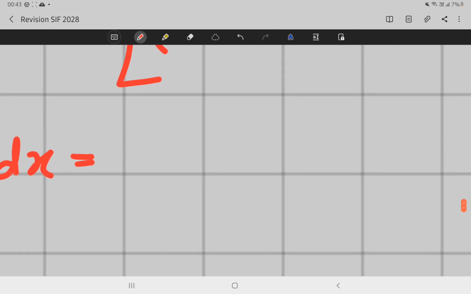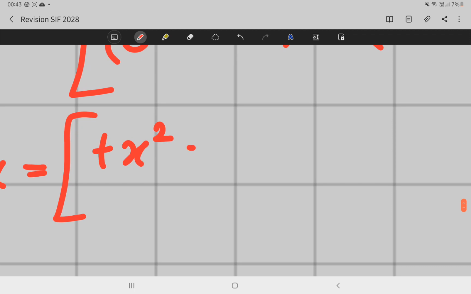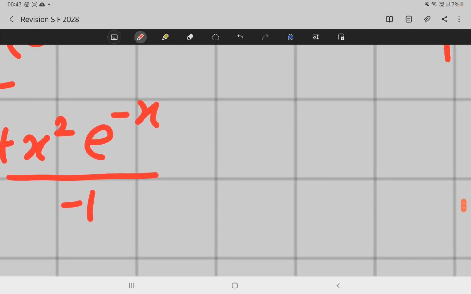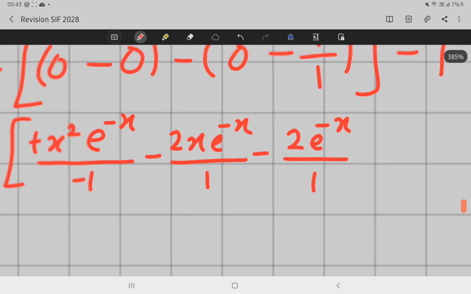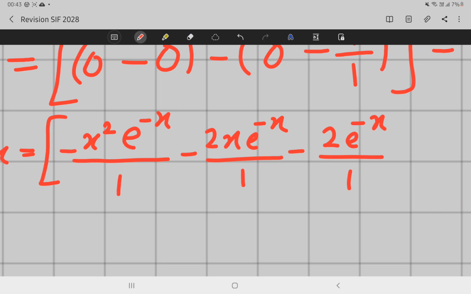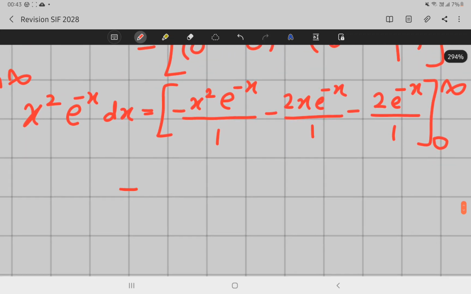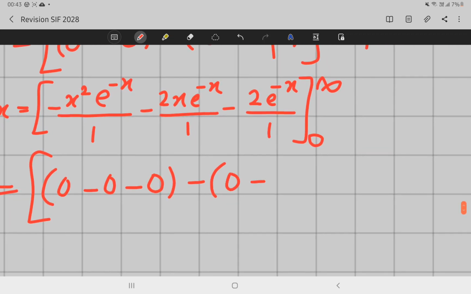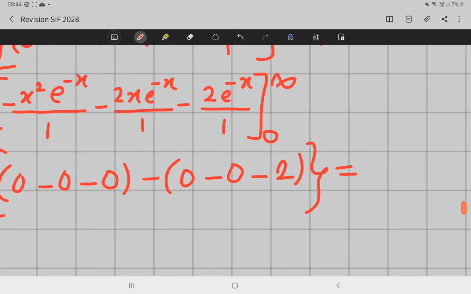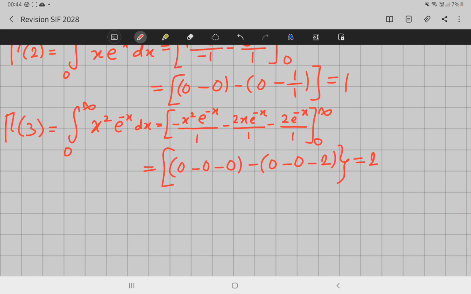Using integration by parts, inserting infinity we have 0 minus 0 minus 0, and inserting 0 we get 2. So gamma of 3 is 2.